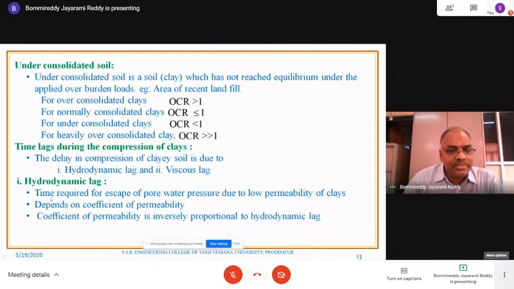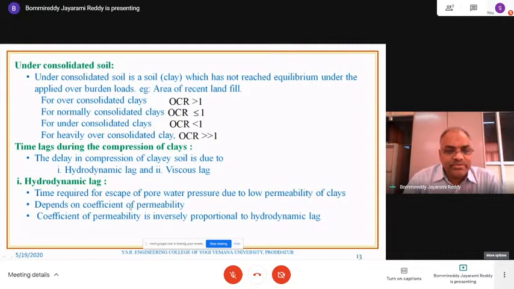I'll go once again. The hydrodynamic lag means the time required for escape of pore water pressure. So how much time is required for escape of the entire pore water pressure? That time is called the hydrodynamic lag. It normally depends on the coefficient of permeability, because coefficient of permeability is the flow or velocity of the pore water moving from one place to another, and it depends on the amount of voids present.